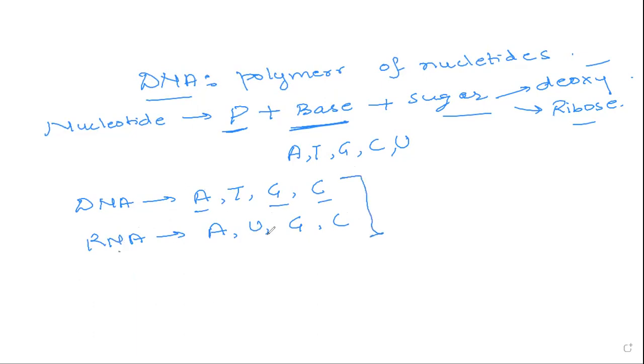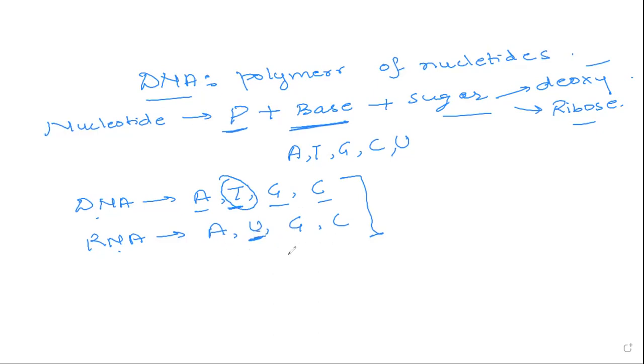But in RNA, we have uracil, whereas in DNA, in place of uracil, we have thymine. This is the second most important reason for the stability of DNA. Thymine is a more stable compound in nature as compared to uracil.